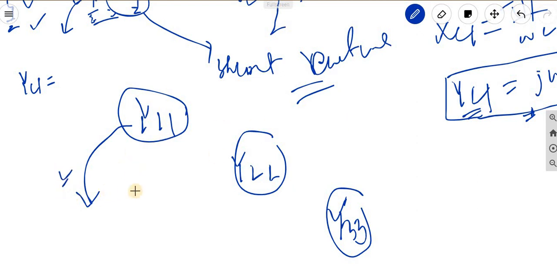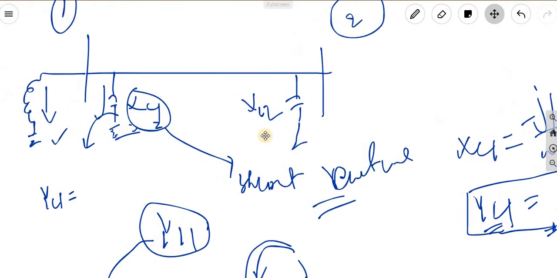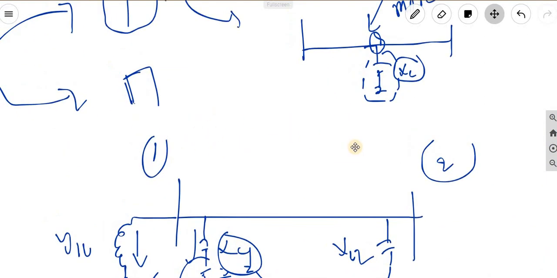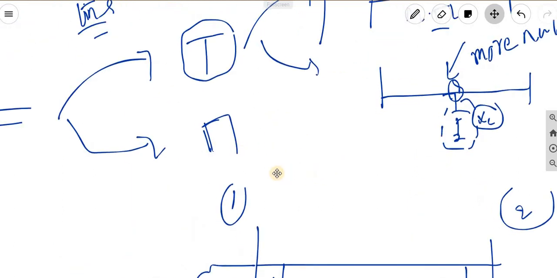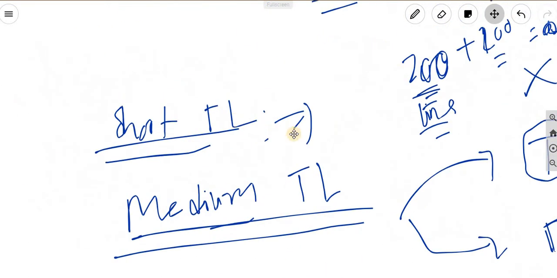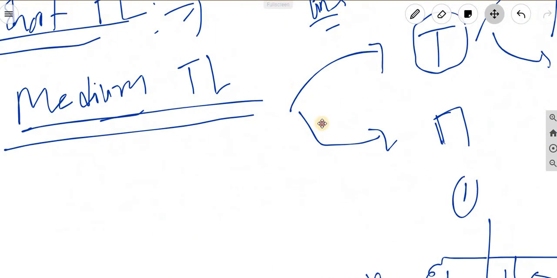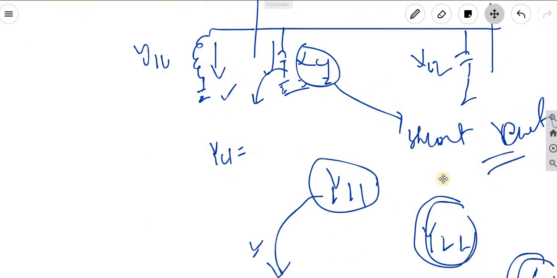These things we have to take care of. Not only the medium transmission line, even the long transmission line is also modeled in T configuration or pi configuration. So for Y bus formation, we go for the pi modeling, not T modeling. Clear?